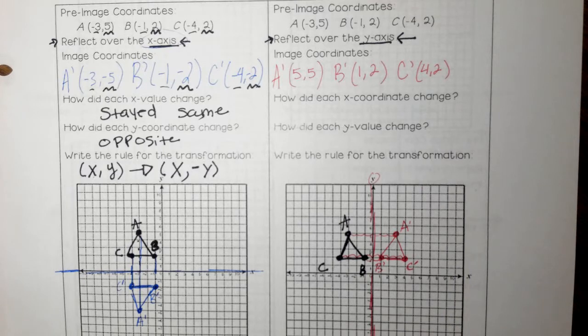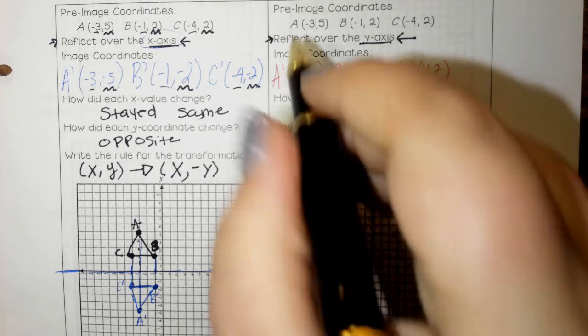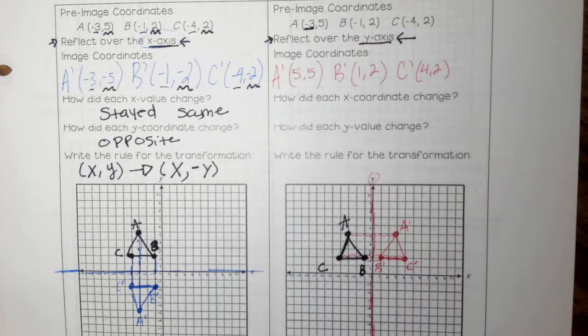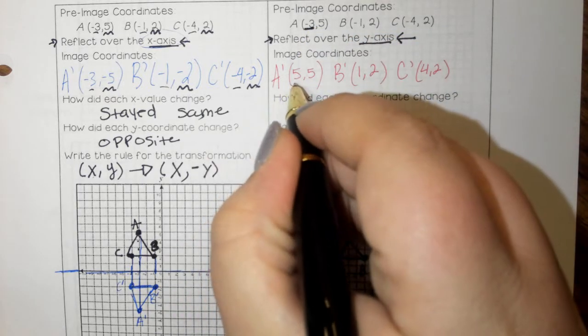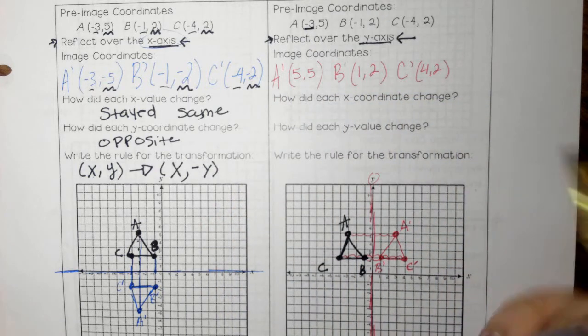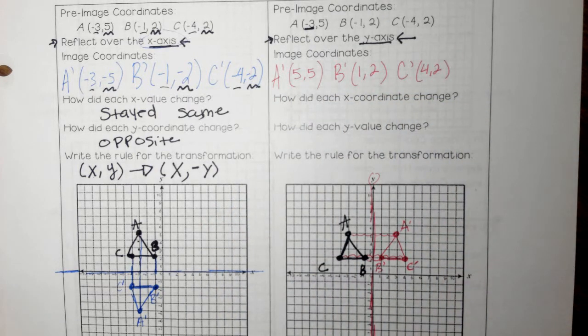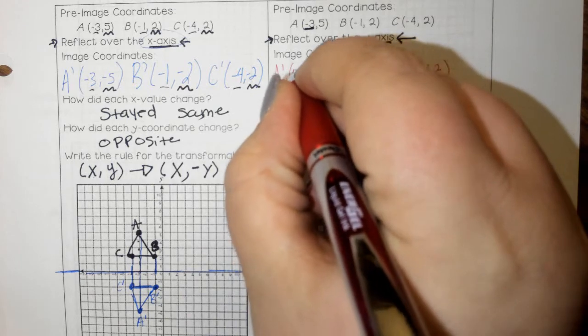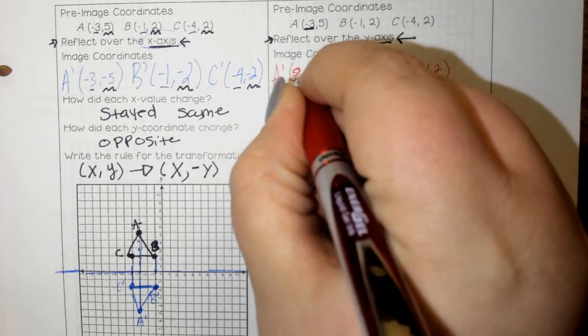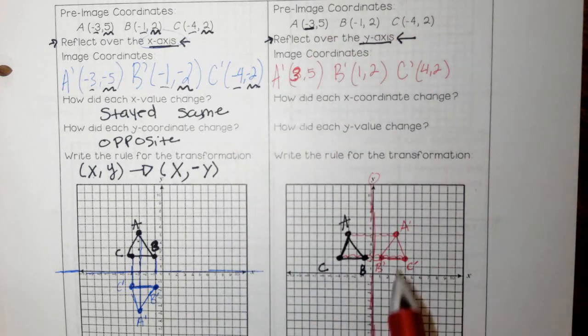Let's look to see how my x values changed. So we start with -3 as the x value in A, and A prime's x value should have been +3, and I said it was +5. You see that?